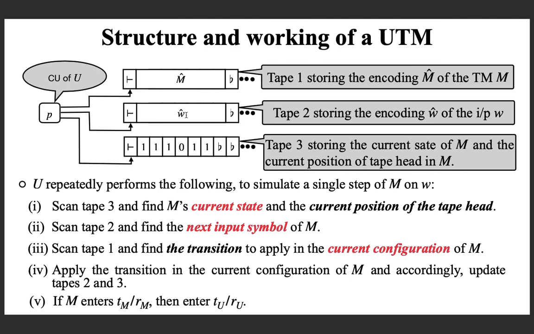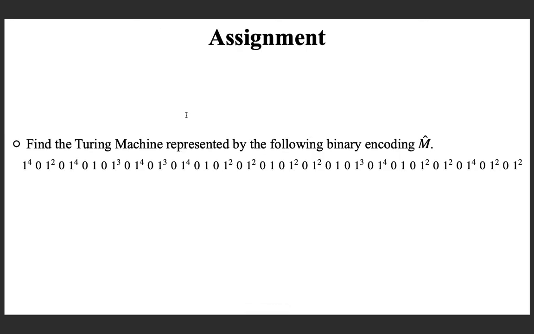With this, we are finishing this lecture and moving on to the last slide, where I am giving you an exercise as an assignment to practice and understand how you can obtain a binary encoding of a Turing machine. You are given a binary encoding, and you are asked to decode it and produce the original Turing machine M, and that is the assignment.